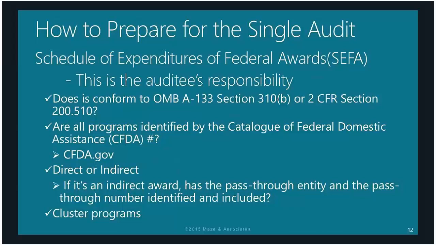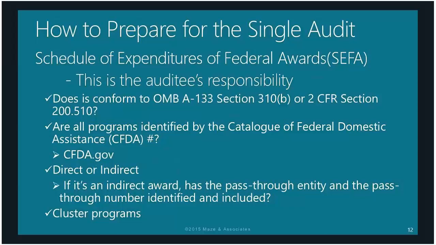There is a website that we as a firm use to correctly identify the CFDA number. It's actually cfda.gov. You can use this to find out what the official program title is and include that on your SEFA. Remember that you are required to present the program's name and correctly identify the program on the SEFA.